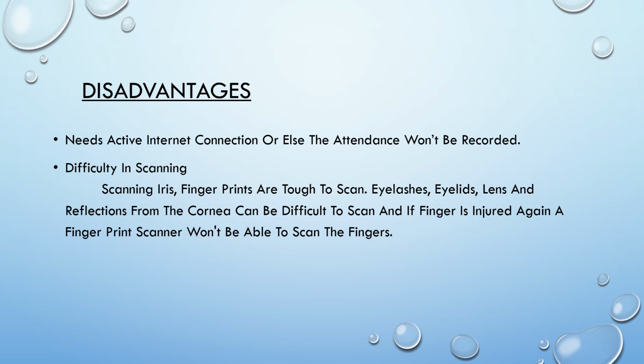Also there is difficulty in scanning, like scanning the iris and fingerprints by touch. Eyelashes, eyelids, lenses, and reflections from the cornea can make scanning difficult. And if a finger is injured, a fingerprint scanner won't be able to scan it. So this is also a major drawback which has to be overcome.